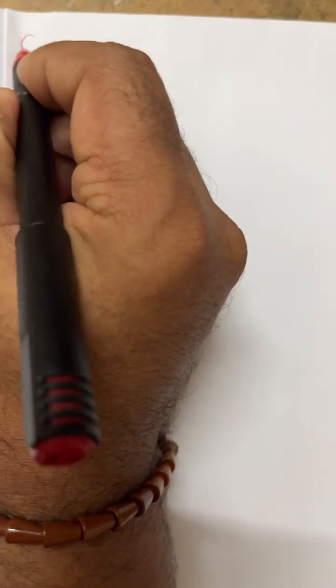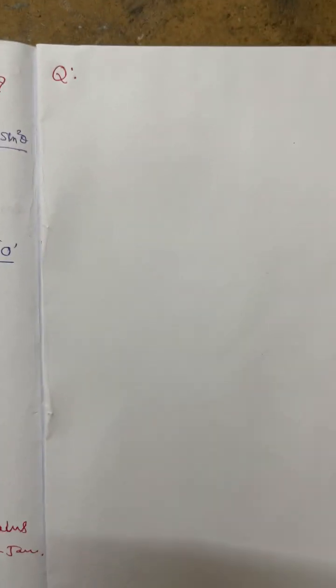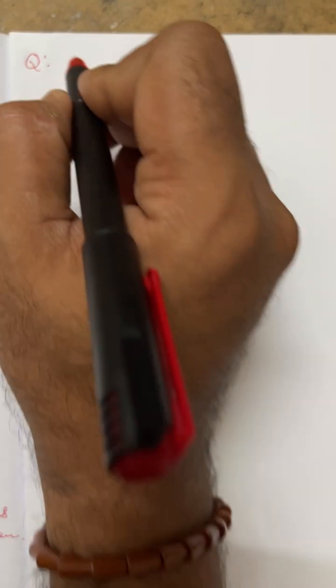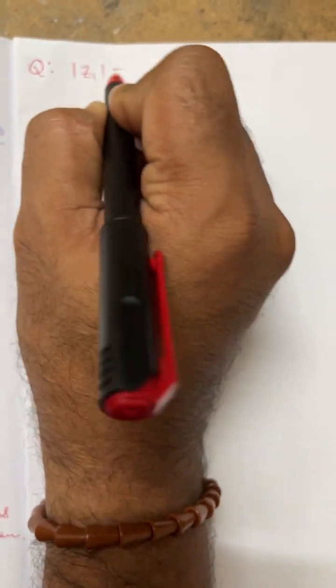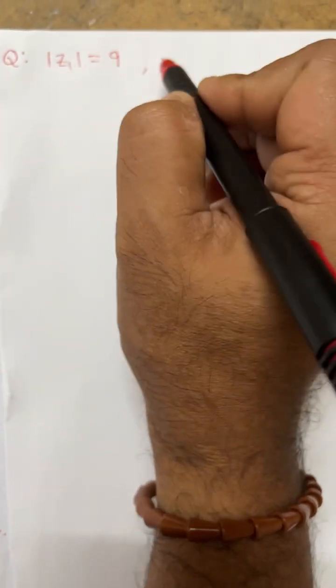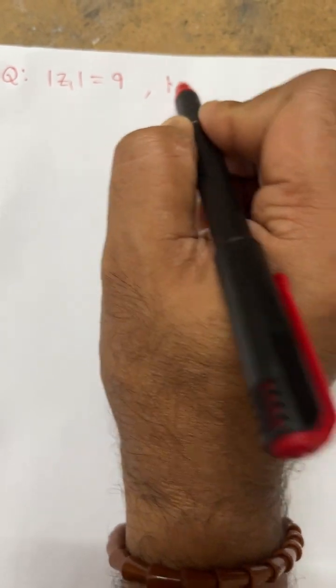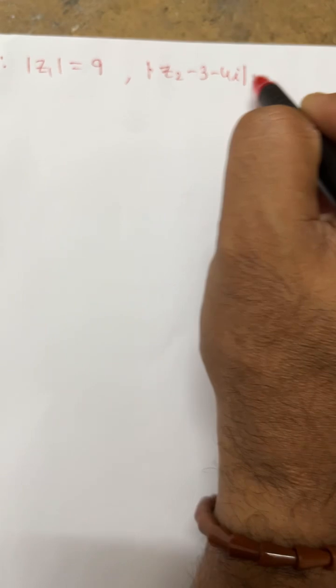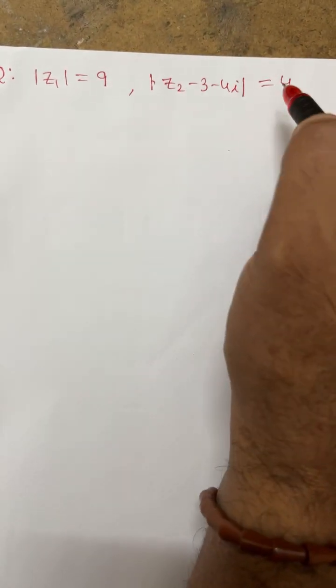This is the last question in this. This is also a simple category question, but the concept is a good concept. Mod z1 is equal to 9 and mod z2 minus 3 minus 4i is equal to 4.